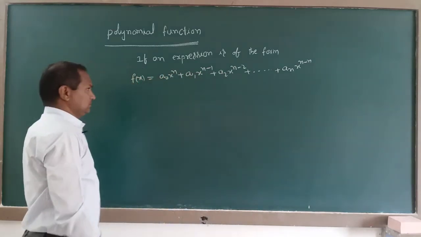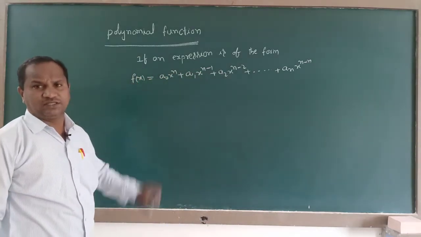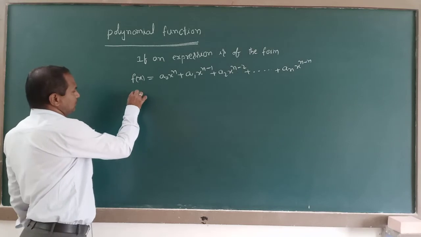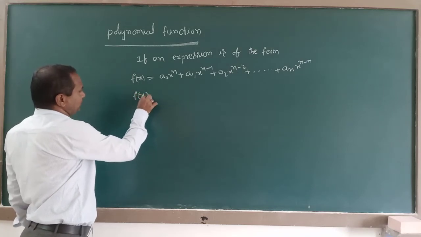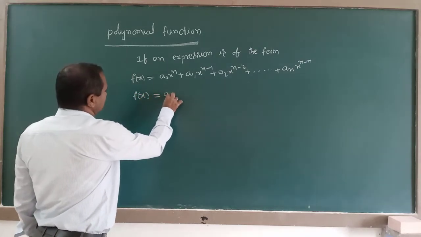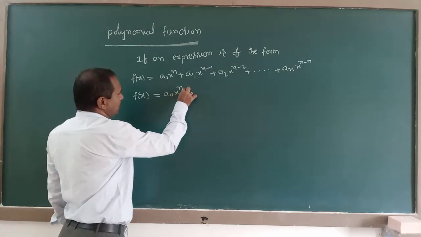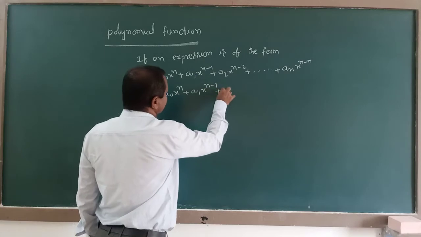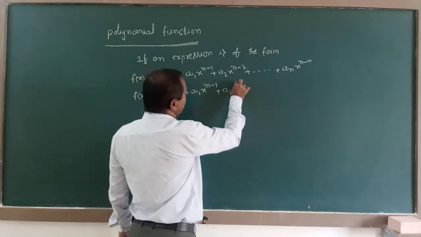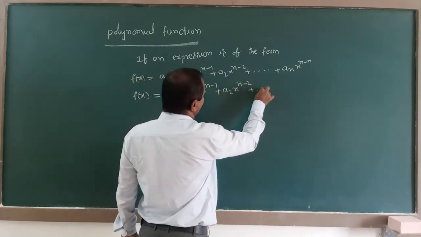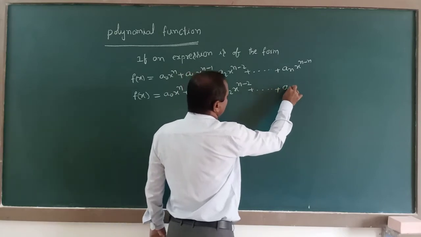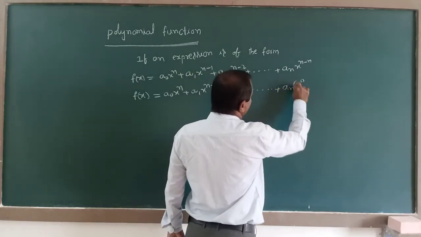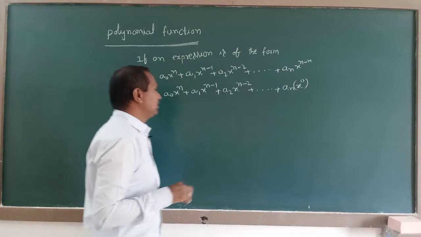That is a modification of this function. Then we can write f of x is equal to a naught x power n plus a1 x power n minus 1 plus a2 x to the power of n minus 2 plus and so on plus an x power 0. X power 0 value is 1.